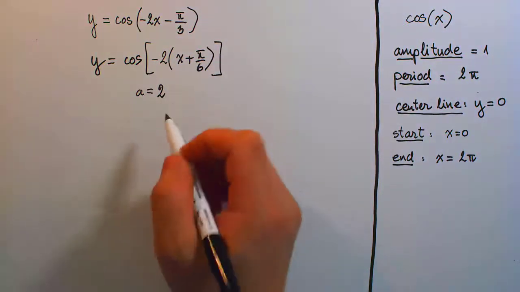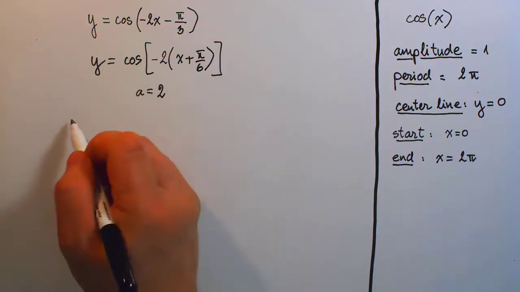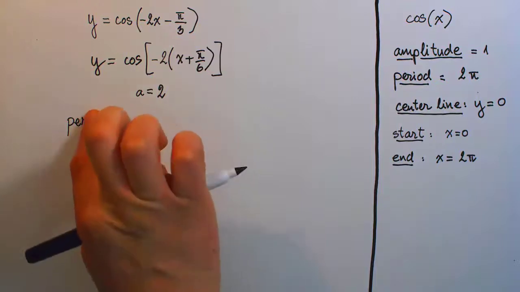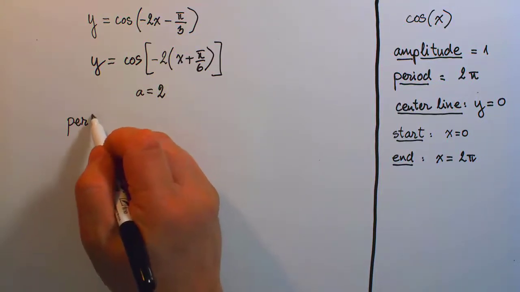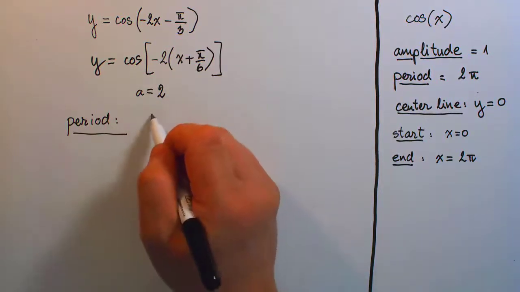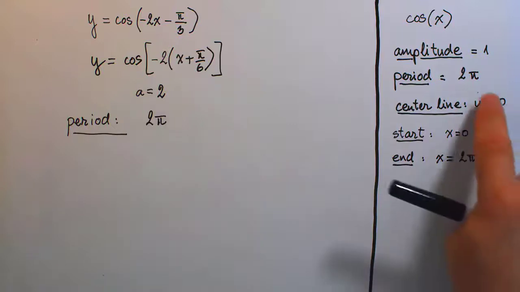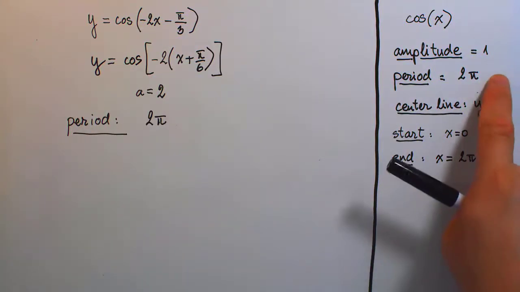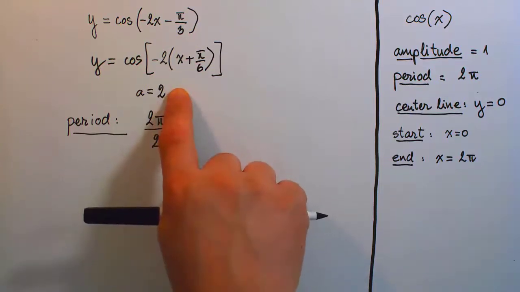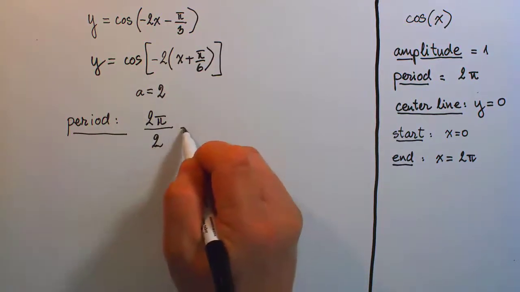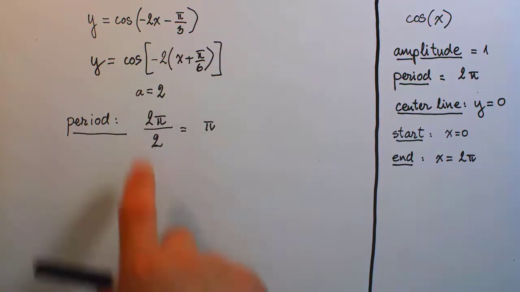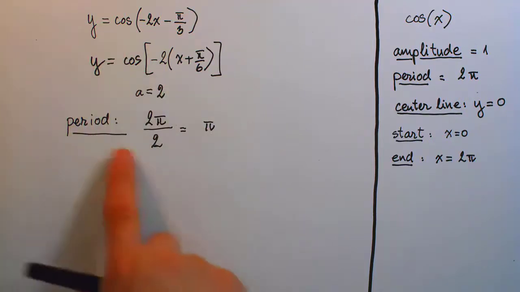This immediately tells us that the period of our current function, cosine of -2x minus pi over 3, from the standard period of the ordinary cosine, we divide by 2 from this a value, and that consequently reduces down to pi. So this function of ours has the period pi.